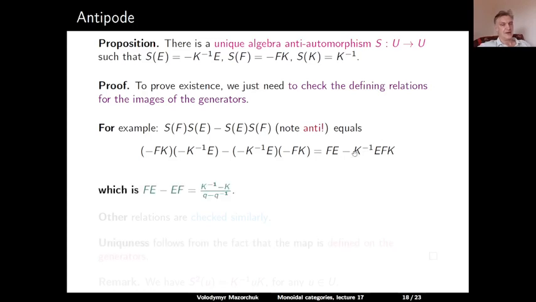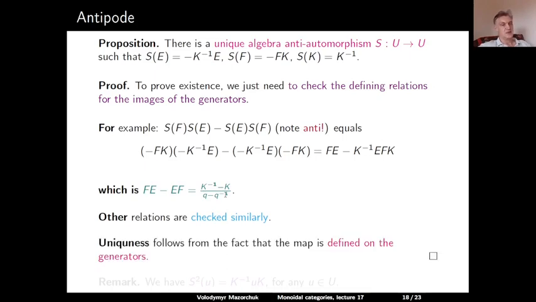When we move K inverse over E, we have a price, but then over F, we pay the opposite price, so these cancel out, and we get FE minus EF, which is equal to K inverse minus K divided by Q minus Q inverse, exactly what we needed. And all other relations are checked similarly. So this proves existence, and uniqueness follows from the fact that the map is defined on the generators.